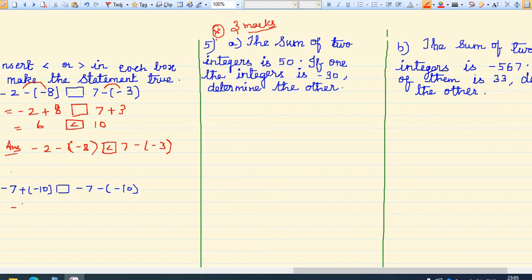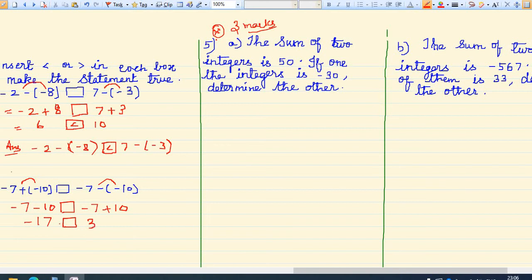See, listen, minus 7 plus into minus is minus 10. Make a box. Minus 7 minus into minus is what? Plus 10. See children, minus 7 minus 10 is what? Minus 17. Box. Minus 7 plus 10 is what? 3.